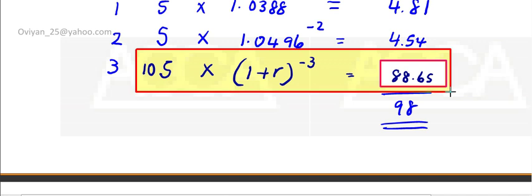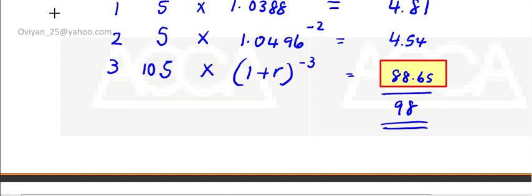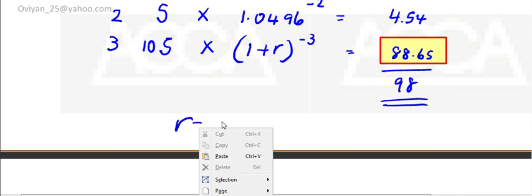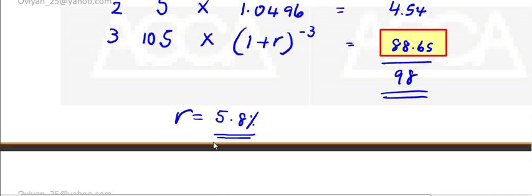Is that okay? So I think that's not a big issue for this level of calculation. So your R is equal to, you should get 5 point how many? 5.8%, right? 5.8% is what you are going to get.